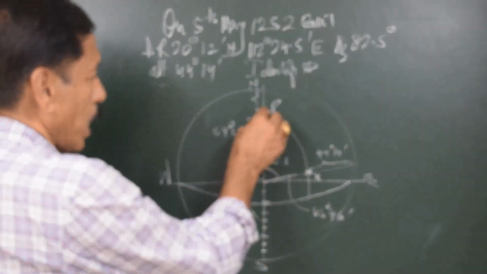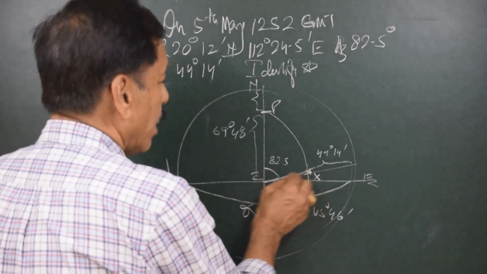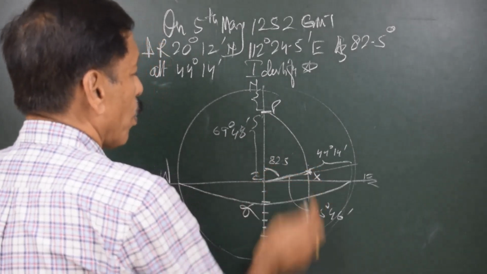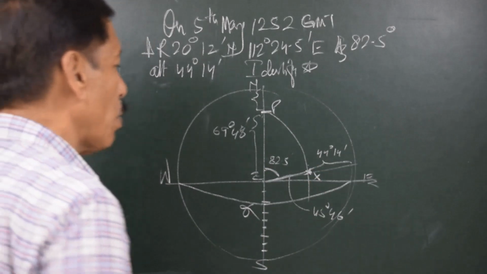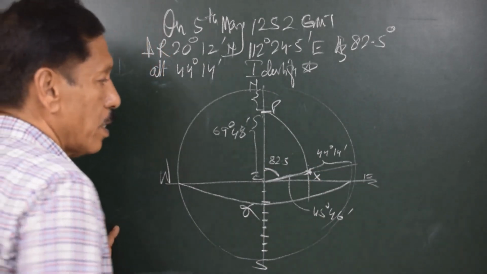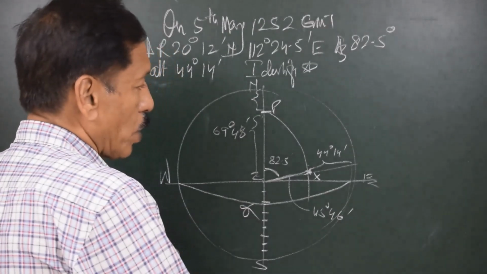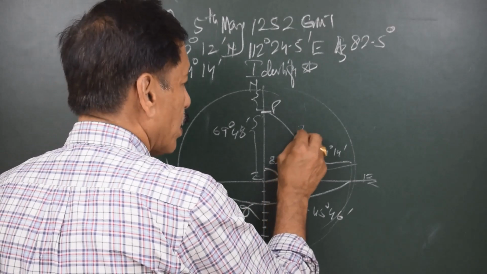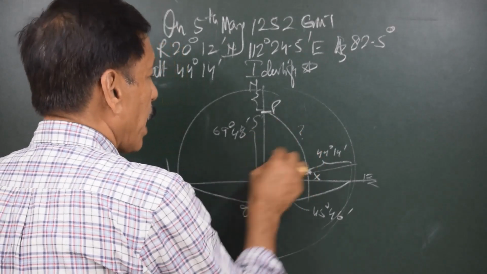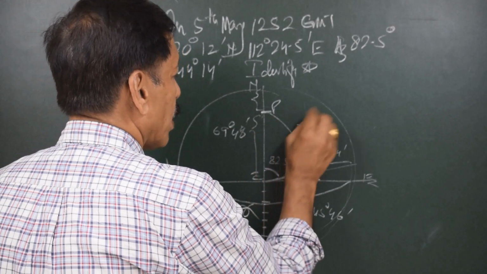So we have two sides and the included angle known. Whenever we have two sides and an included angle, we can use the cosine formula to find the opposite side, right? But in this case, the opposite side is, say, small z.